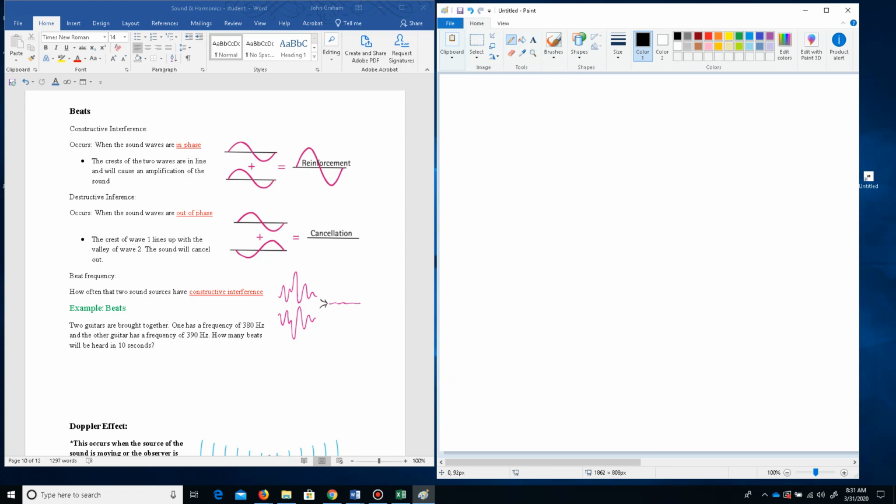So to find this, we first have to look at the difference of the frequencies, which is 10 hertz. Then we look at what that means: 10 hertz is equal to 10 vibrations in 1 second.